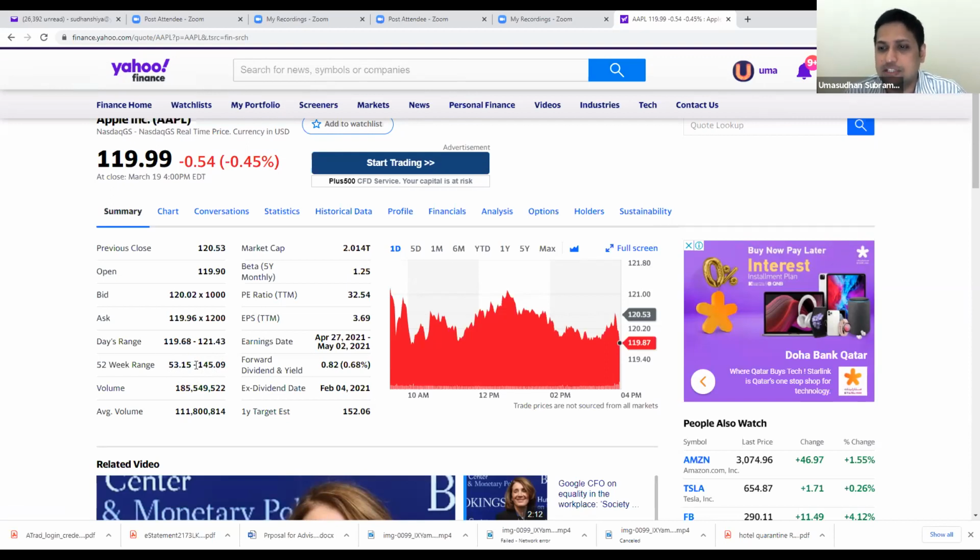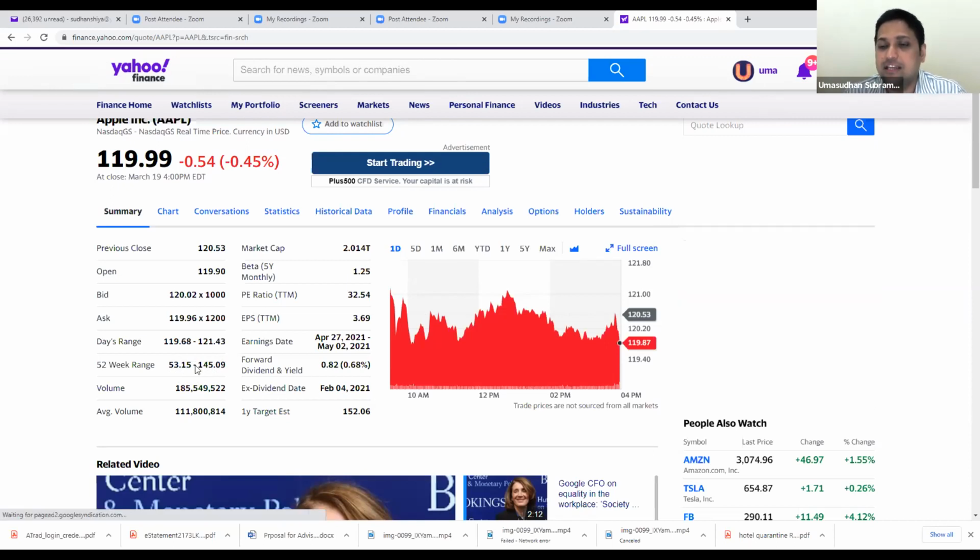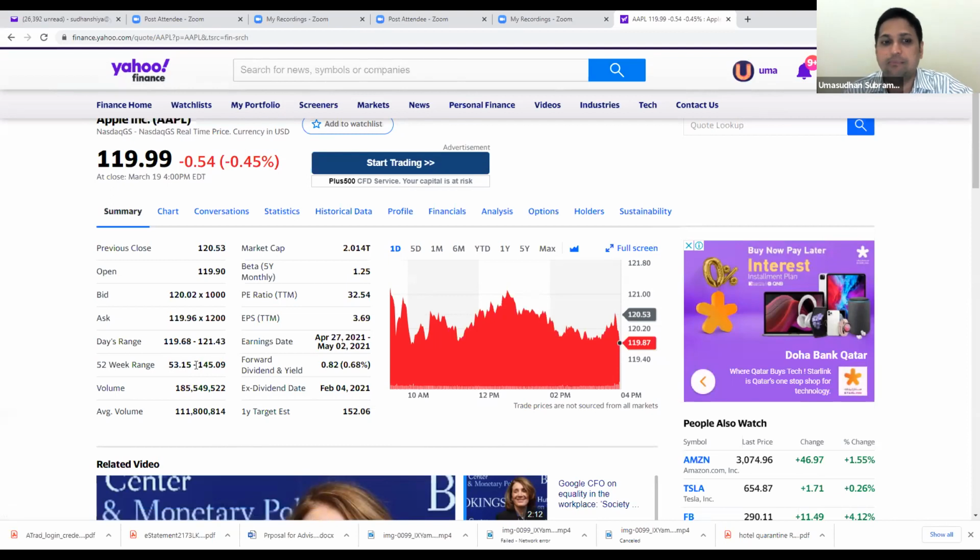So it's been very volatile and it's been going up significantly during the pandemic, right? Pushing the Nasdaq index so much higher because of increase in the stock prices of technology companies, and this is one of those.